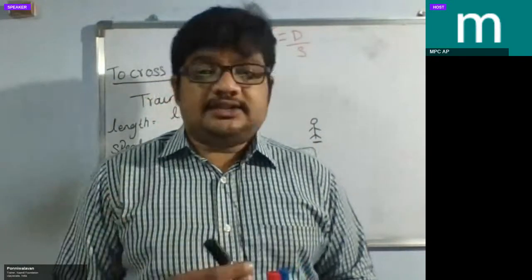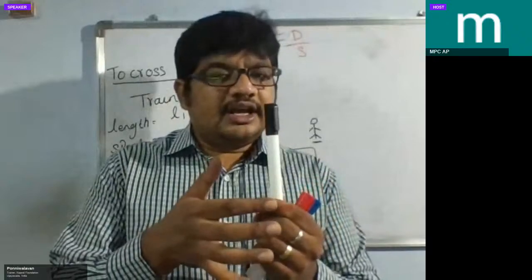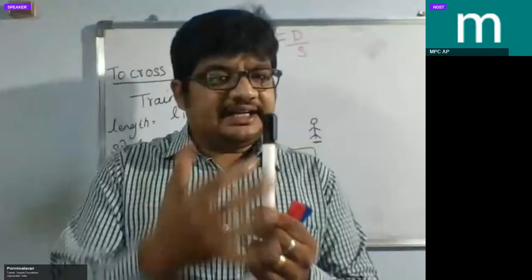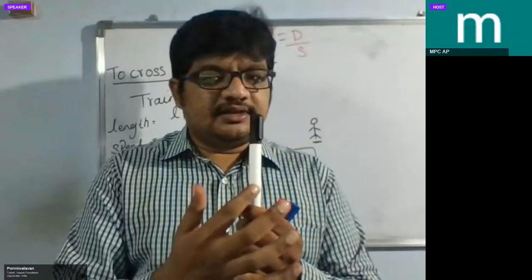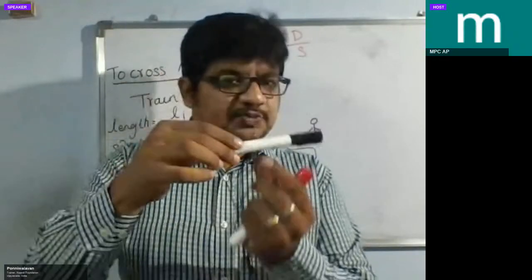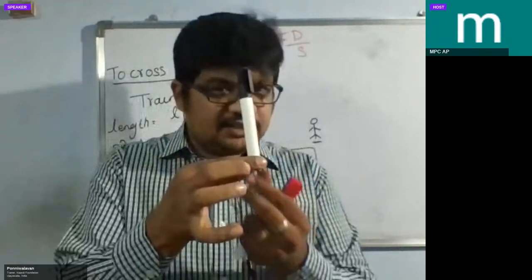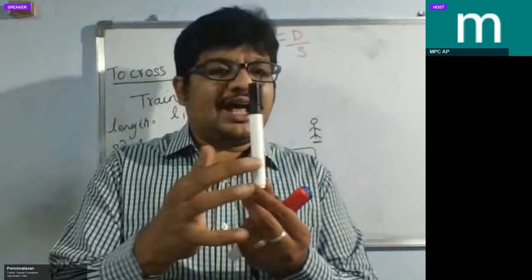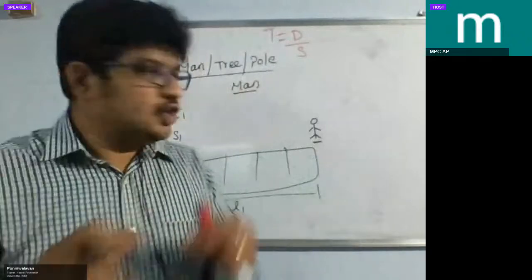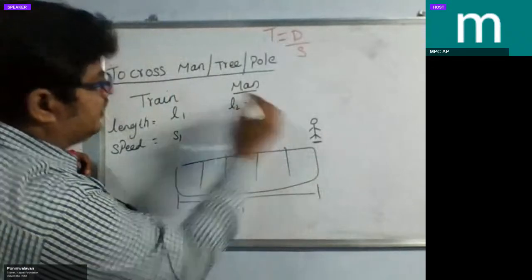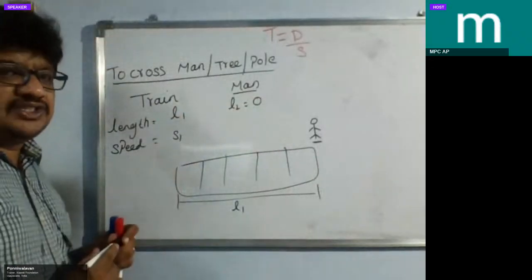Even a pole's length: if it is standing, it has a height but not a length. If it is lying in this position, the pole has a length, but in this position it doesn't. So for a man the length is 0.